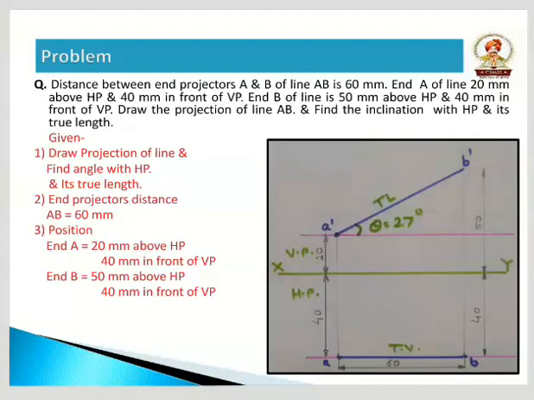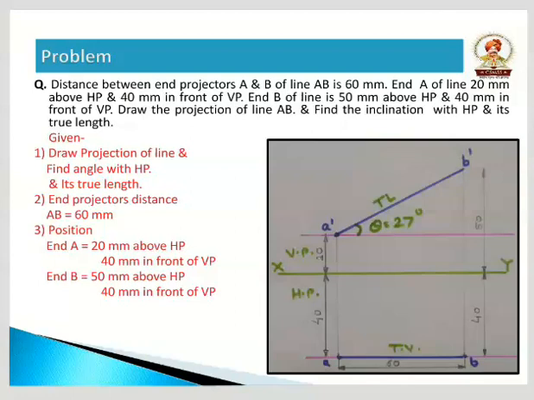For better understanding of the concept, we are going to solve one problem here. Question: the distance between end projectors A and B of line AB is 60 mm. End A of line is 20 mm above HP and 40 mm in front of VP.